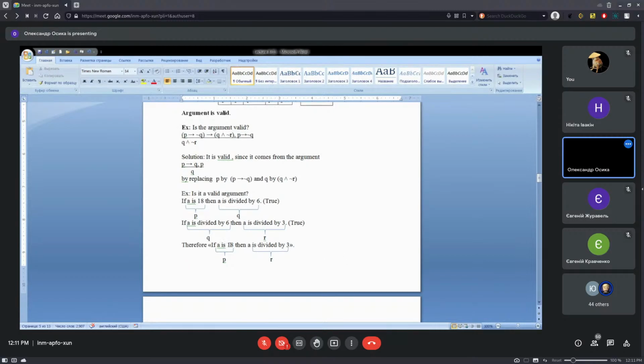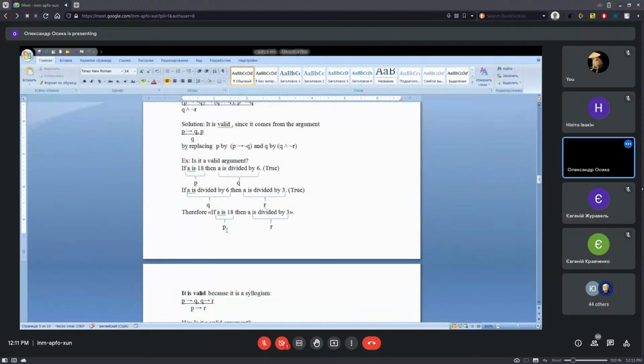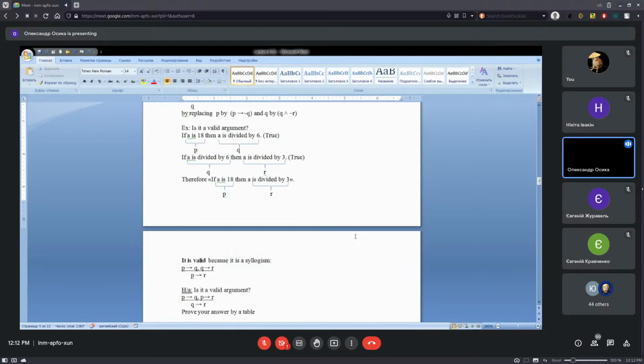Here the statement A is 18 is P. A is divided by 6 is presented by variable Q. Here it is Q, the same, and divided by 3 is R. Therefore, P implies R. It is valid because it is syllogism: P implies Q and Q implies R, like here.